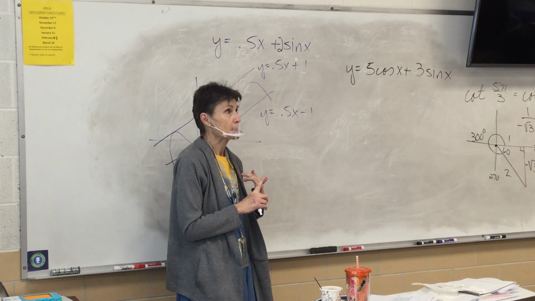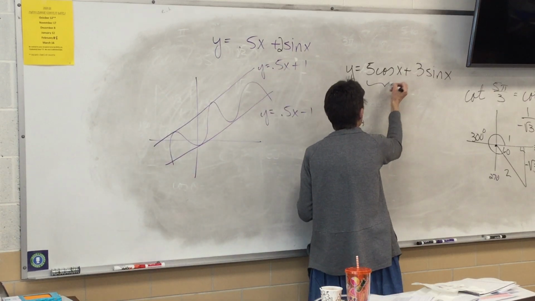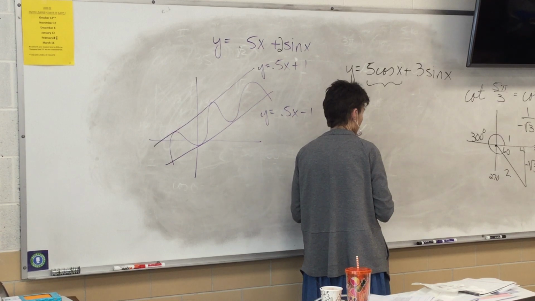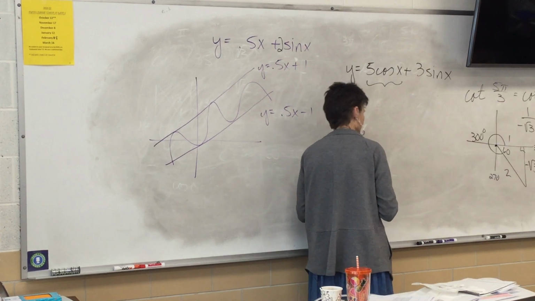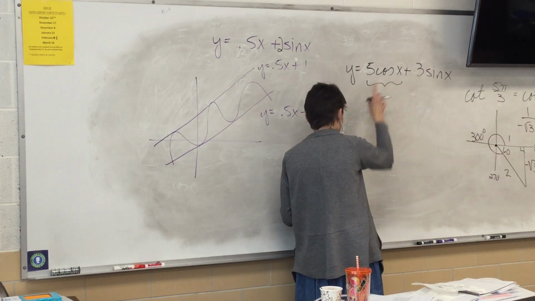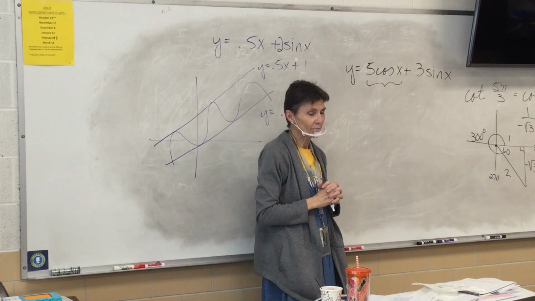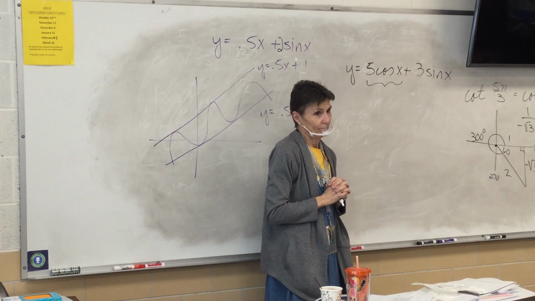Okay. So, what is the period of this piece? 2 pi over 5. What is the period of that piece right there? 2 pi.